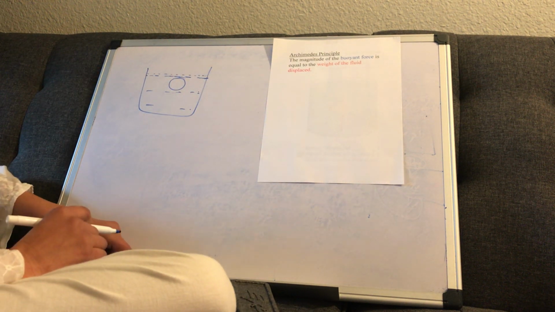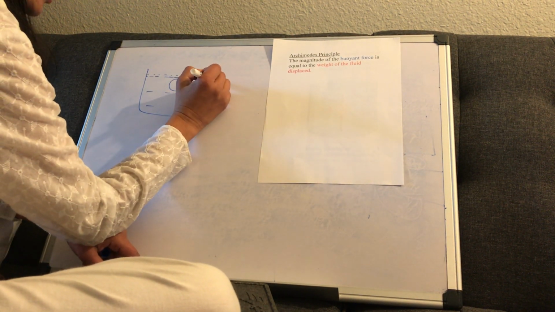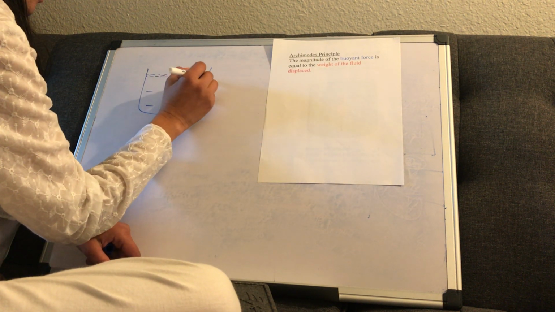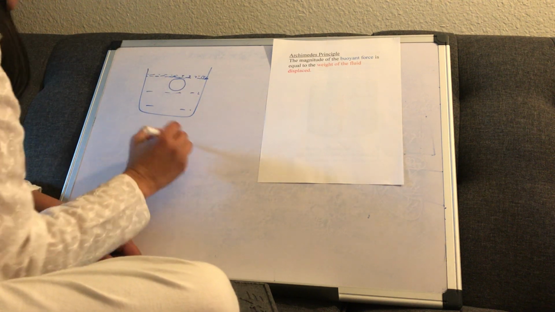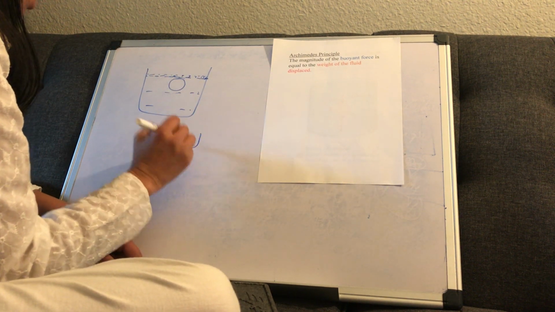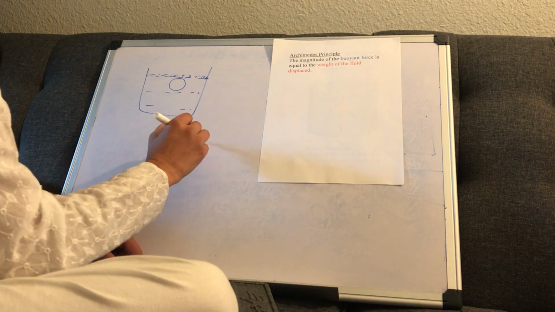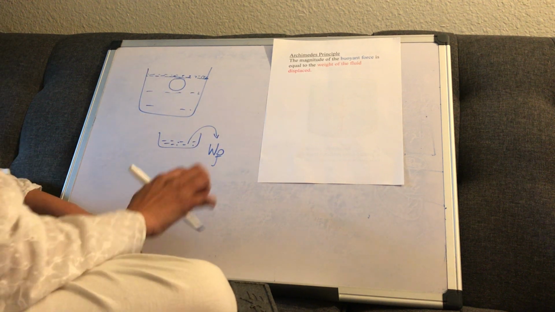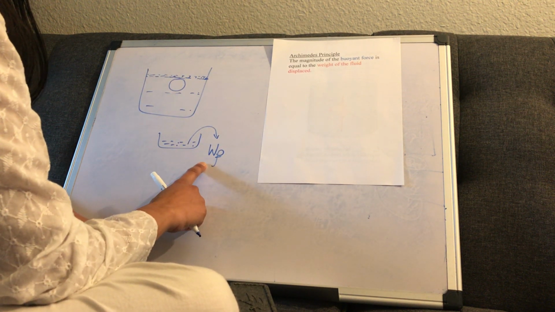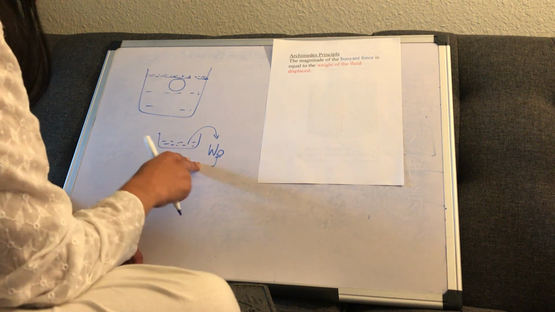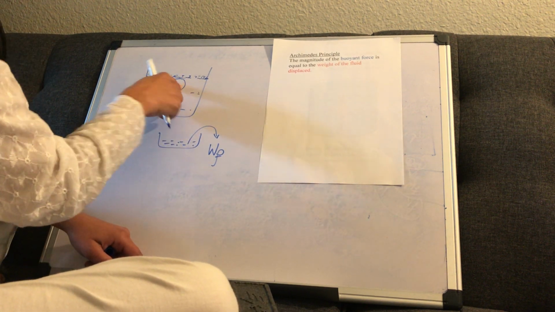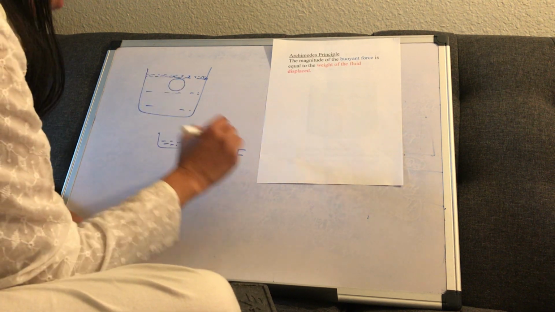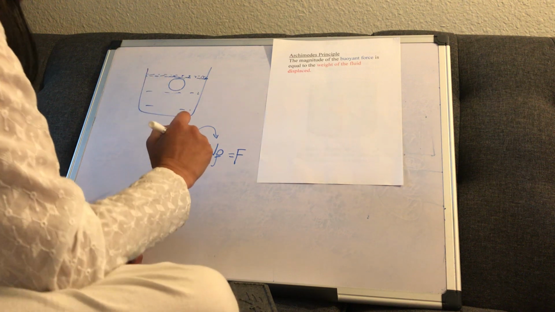Now if we were to collect the fluid displaced by this penny in some other container, and then measure the weight of this fluid, let's call it W_F, then that weight of the fluid displaced by this object, the penny, must be equal to the buoyant force acting on this penny, or the object that's in the fluid.